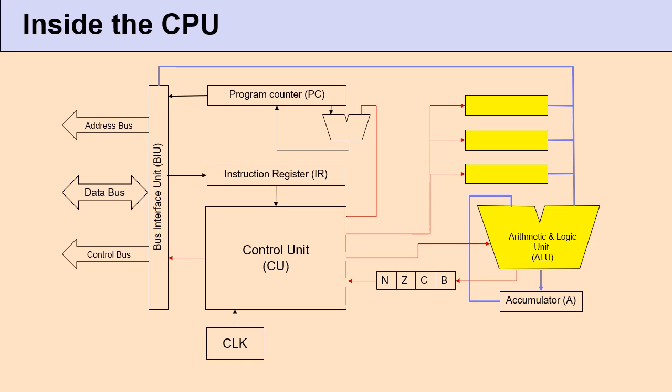Then what about the other input of the ALU? Here you will see that it is connected in a particular special way. The second input of the ALU is connected to a special register called register A, or the accumulator. Not only that, the output of the ALU is also connected to the same register.